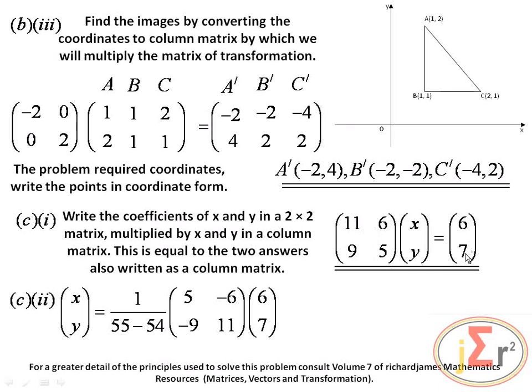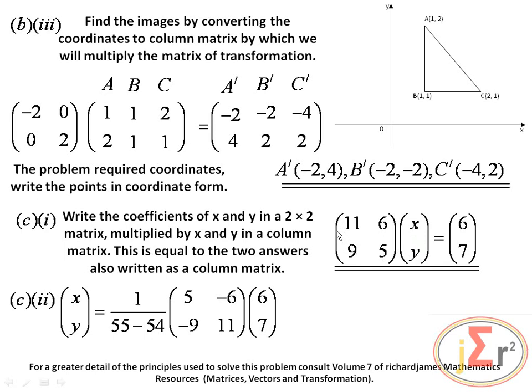But we cannot divide matrices, so we multiply by the inverse. So we will multiply by the inverse of this on the left hand side and of the same thing on the right hand side. The left hand side will turn out to be x, y because of the cancelling effect of this matrix and its inverse. The right hand side will have the inverse of this matrix.